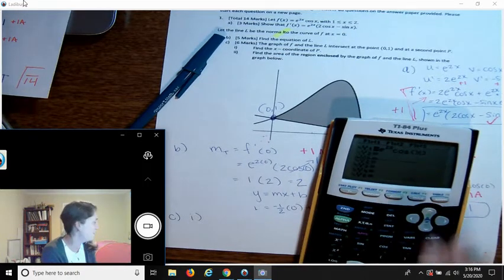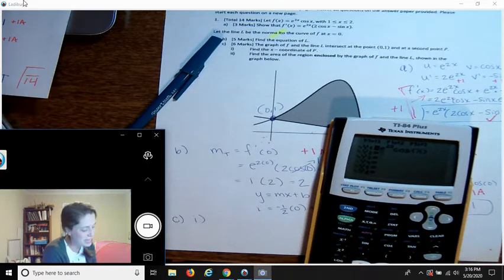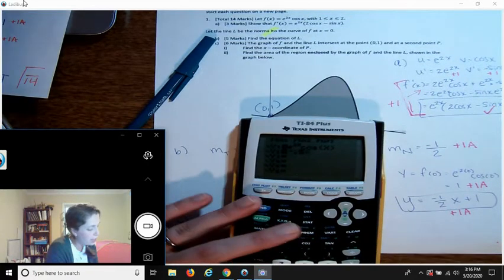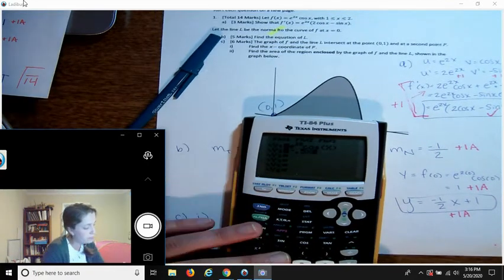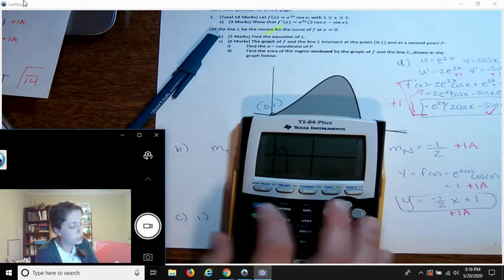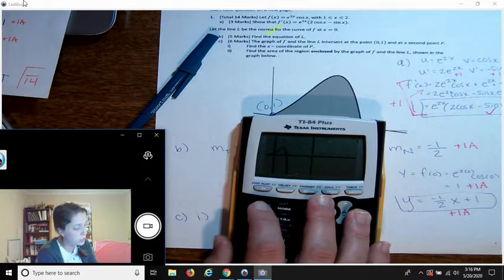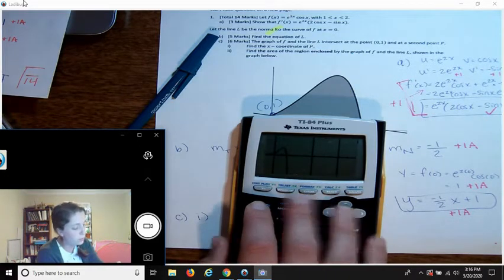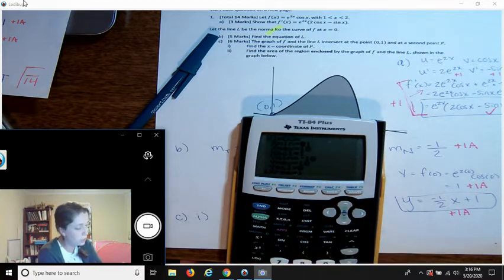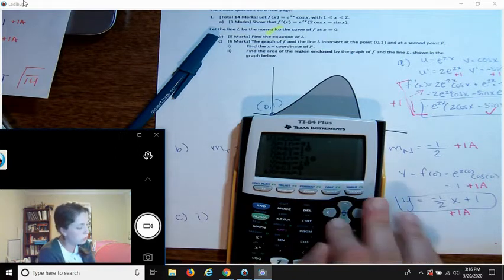Then my other function is going to be my line, so negative 0.5x plus 1. I can go ahead and graph those. I might need to change my window. Yeah, because this is just on the domain from 1 to 2. So that's fine. Let's go to 3.